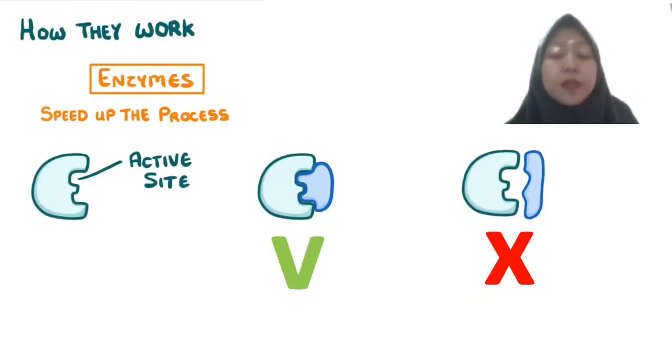Enzymes can speed up reactions because they have an active site, which is a region on the enzyme that has a unique shape and is specific to the substrate of the reaction. And the unique shape is really important because if the substrate doesn't fit the active site, then the reaction won't be catalyzed.